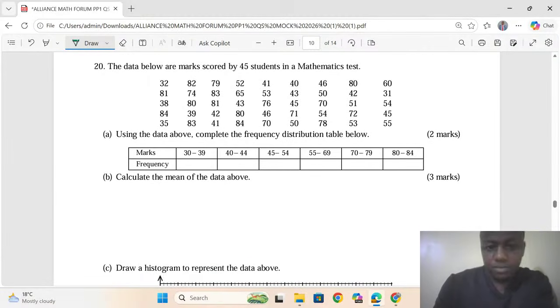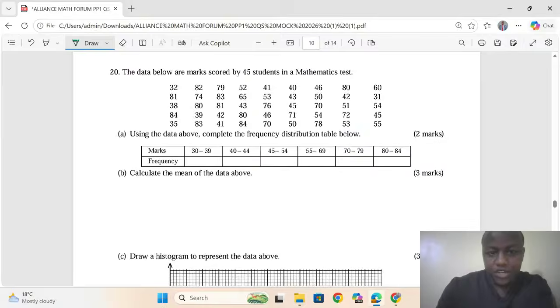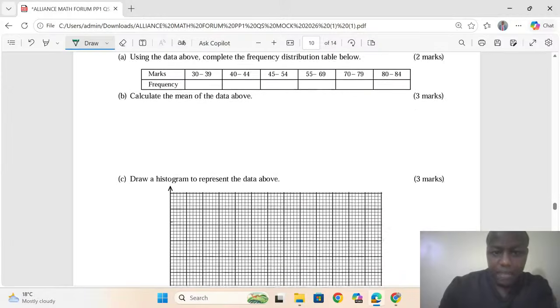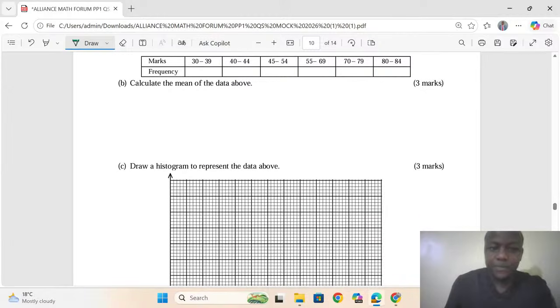So I want to introduce something else here according to what they have given us. You know, this is a frequency. So you can allow me to affect their table a little. I talk about a tallying column. Then we have our frequency computed in a different column.